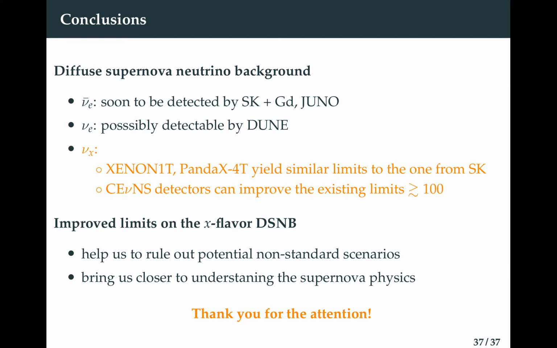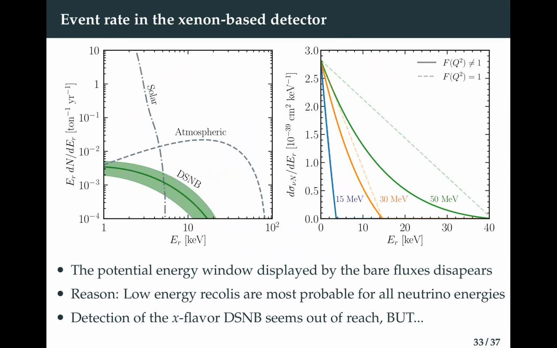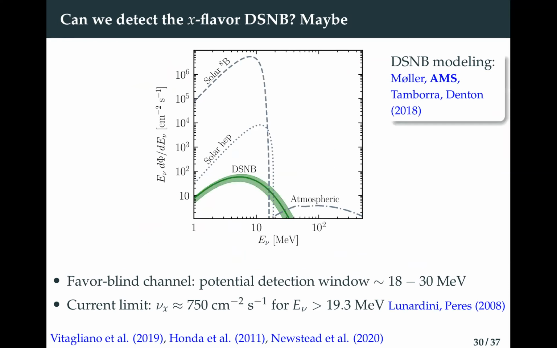We somehow missed the crucial step: when the DSNB was in the window where you could detect it, and then two slides later it was maybe not. Yeah. Can you say again? Like here I can see this window, but I have the atmospheric neutrino flux. The atmospheric neutrino flux is lower at part of the energies, but it's then growing at higher energies and has higher energy neutrinos in it.